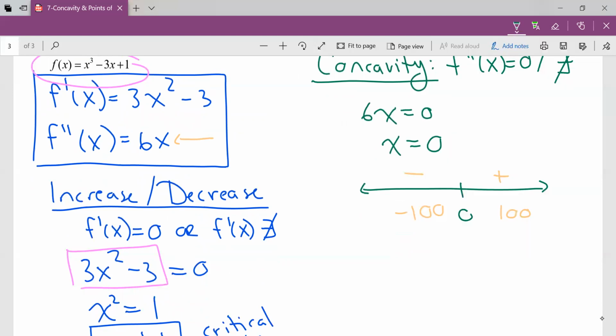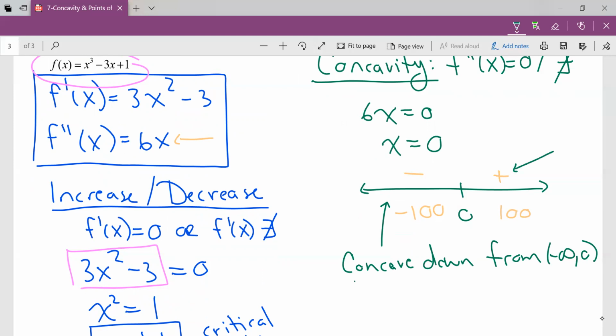Well, it tells me that on this interval, I'm concave down from -infinity to 0. And on our other interval, we're concave up from 0 to infinity.